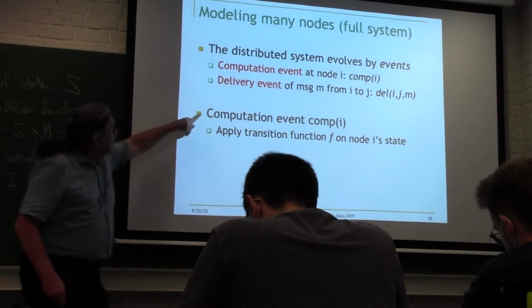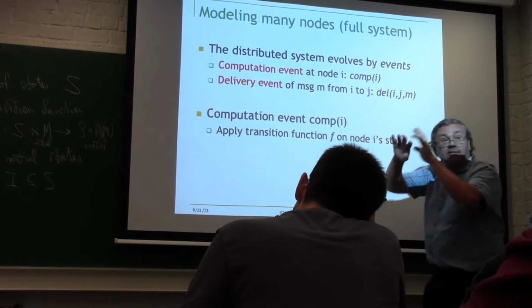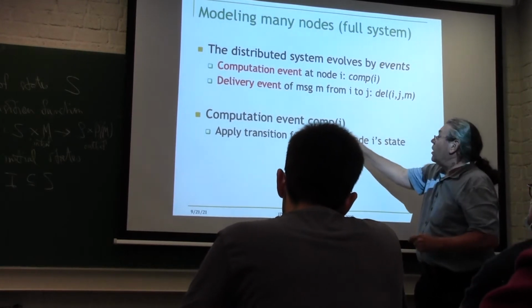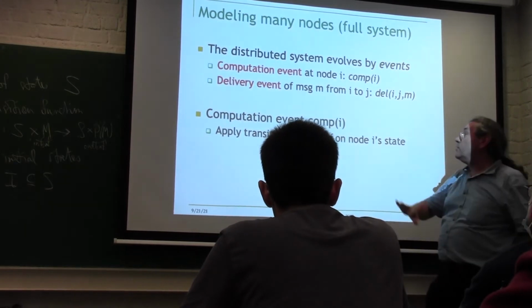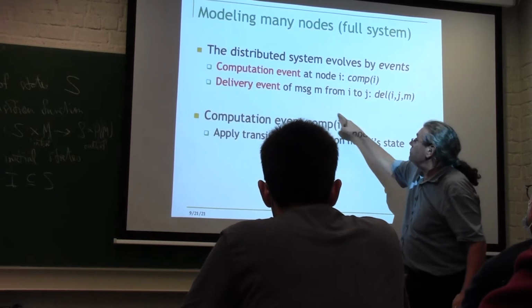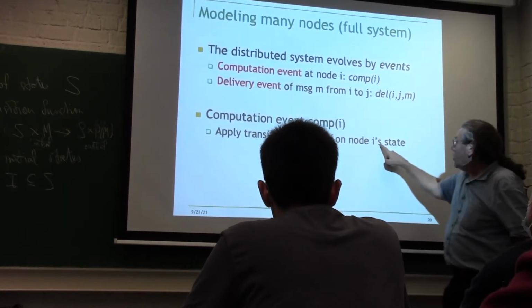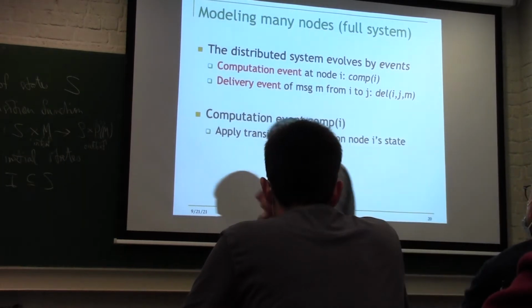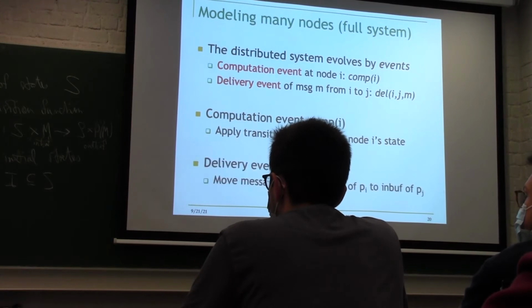To make it simple, when we don't want to say all the details, we'll just say node I does one computation event, comp I. This applies the transition function on the state of node I, so that's one thing happening on one node.